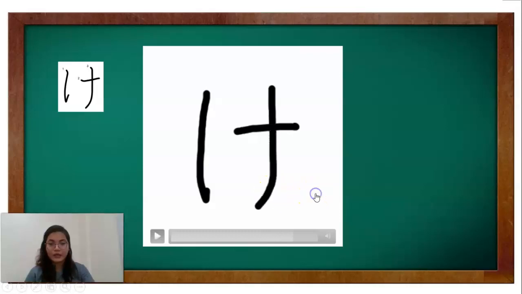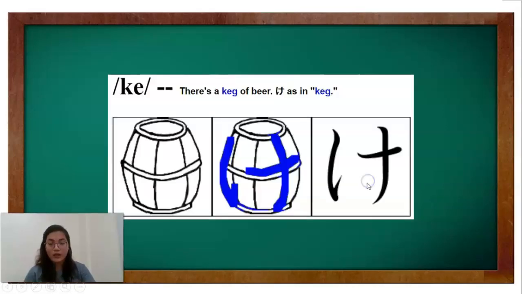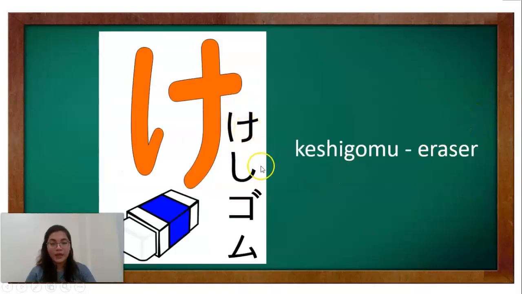To easily memorize this character, imagine that there's a keg of beer. So Ke as in keg. Okay, here's an example word that starts with Ke. Keshigomu. Keshigomu means eraser.